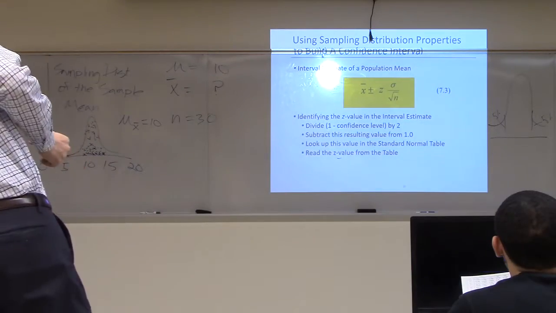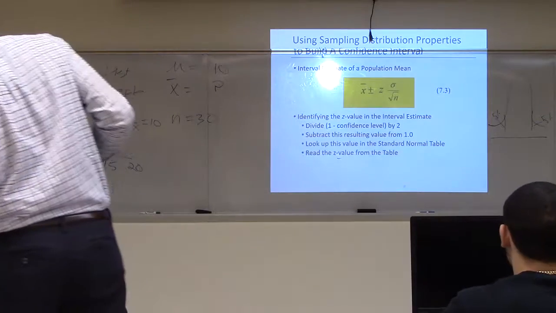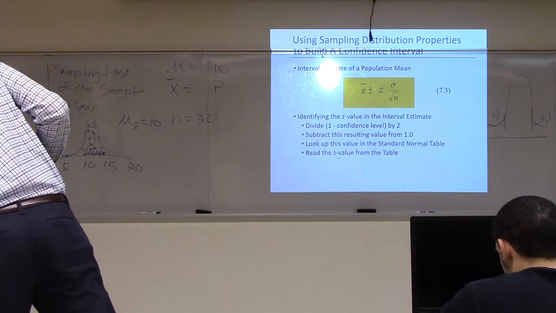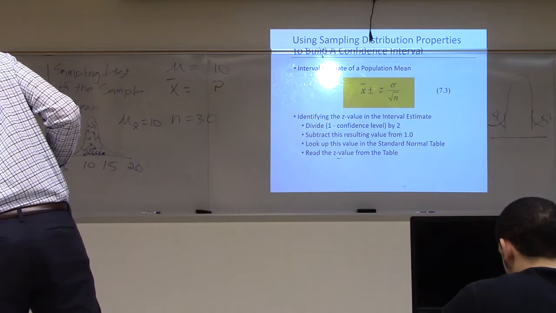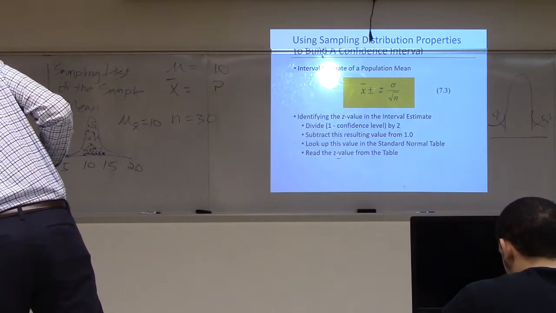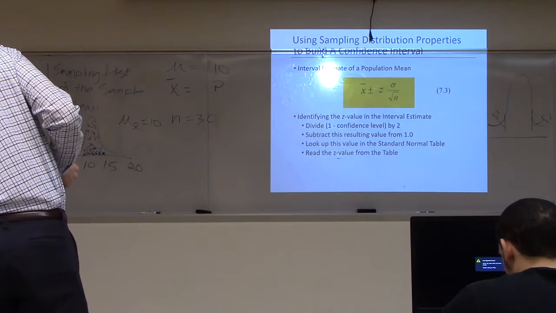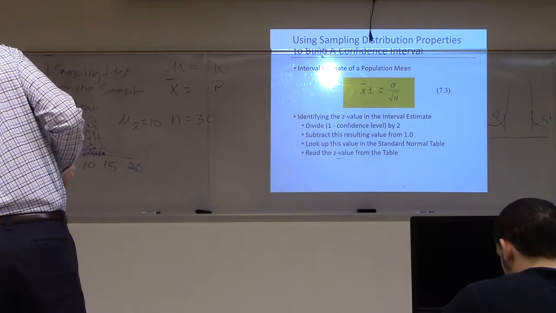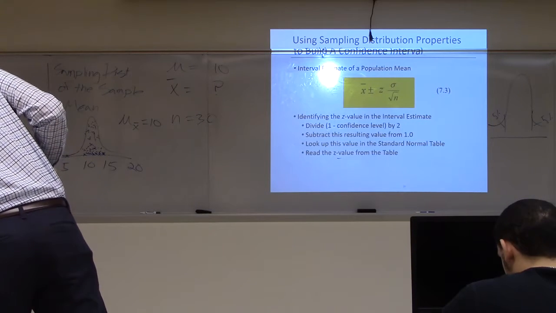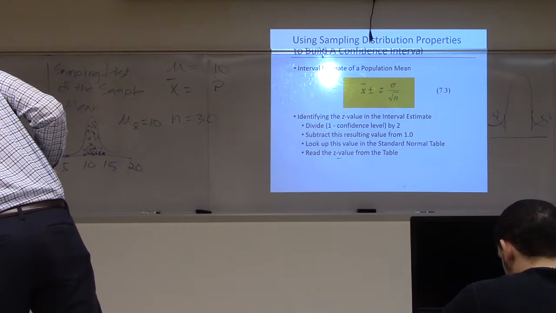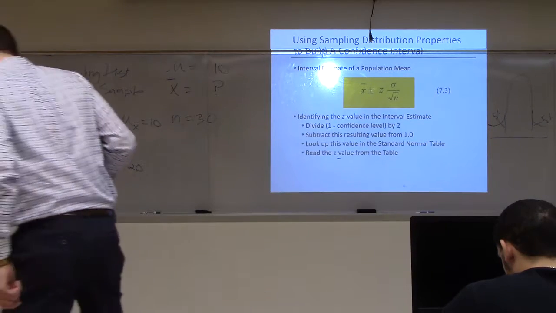Find 0.95. No, that's 0.8 something. No, you want to find 0.95 in the middle here. See, this is 0.952, so that's too much. Yeah, so you want to go right there.